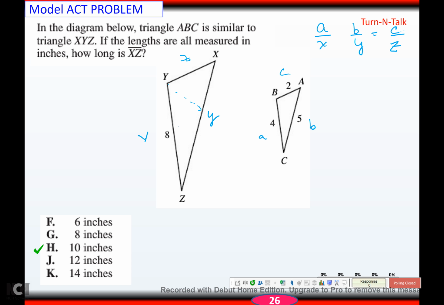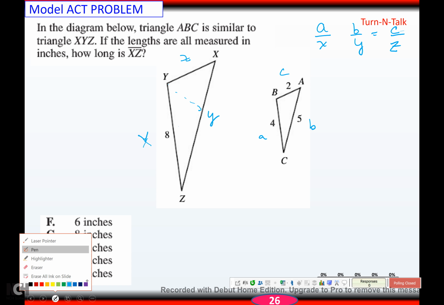So if I set them up, then I can tell which method I'm going to use. So what's little a?